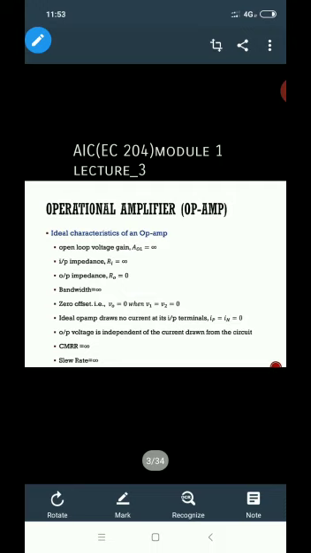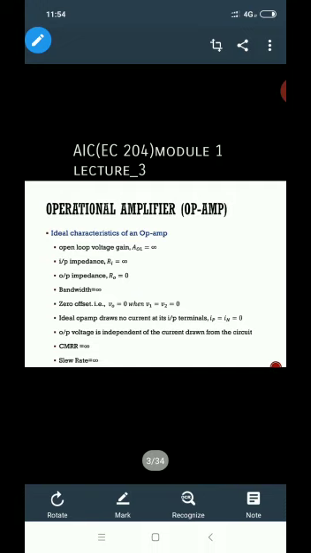Now, these are some ideal characteristics of an op-amp, which we already studied. Open loop voltage gain is infinite, input resistance is infinite, output resistance is 0, bandwidth is infinite, and zero offset, that is, V0 equals 0 when V1 equals V2 equals 0. An ideal op-amp draws no current at the input terminals, so both terminal currents are 0.